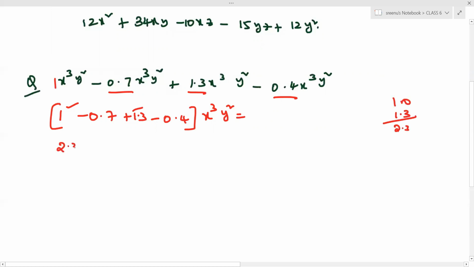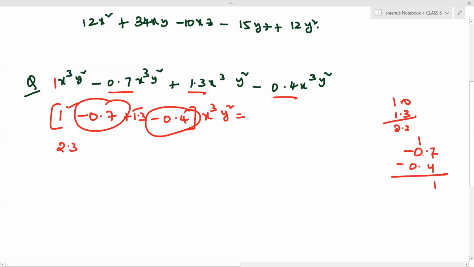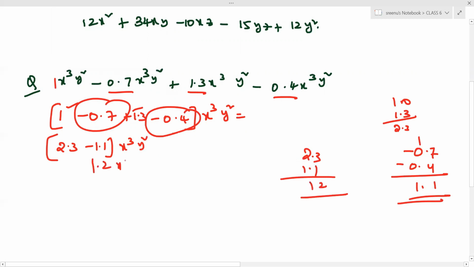And here minus 0.7 and minus 0.4, if we add it, we get minus 1.1. Now 2.3 minus 1.1, we will get 1.2 x power 3 y square.